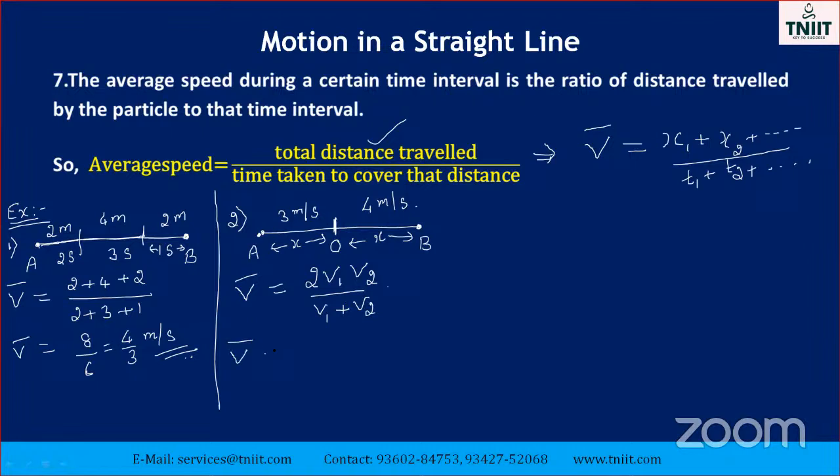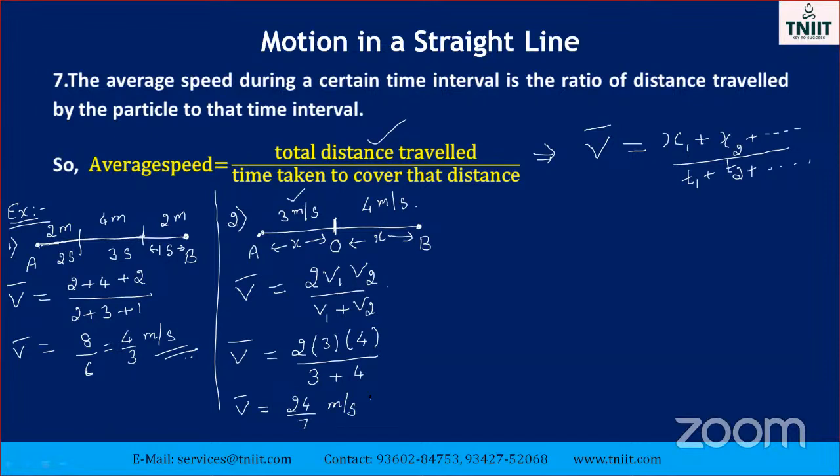So average speed is given by 2 times V1, which is 3 meter per second, into V2, which is 4 meter per second, whole thing divided by V1 plus V2, that is 3 plus 4. So the average speed value will be 2 into 3, 6, 6 into 4 will be 24, divided by 3 plus 4, which is 7, meter per second.